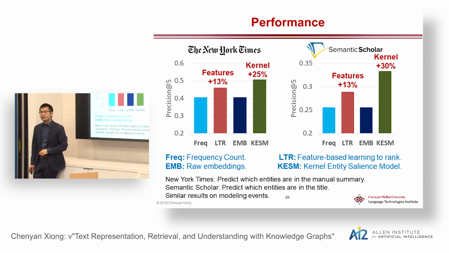We also have similar results in modeling events. We have FrameNet events that we extracted from the news article, to see which events appear in the summary or not. We have almost exactly the same observation: what I learned with kernels between entities and events is much more useful than the raw cosine embedding similarity.